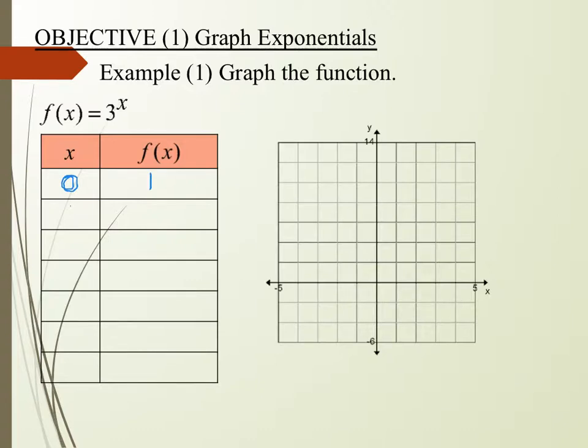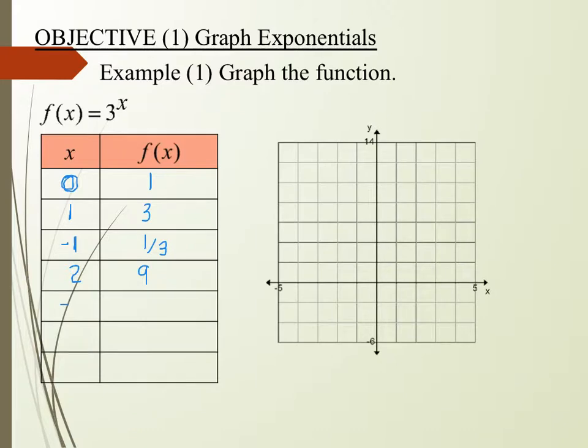If x is 1, we have 3. If x is minus 1, now we have 3 raised to the negative 1, which is 1/3. 3 raised to the second power is 9.